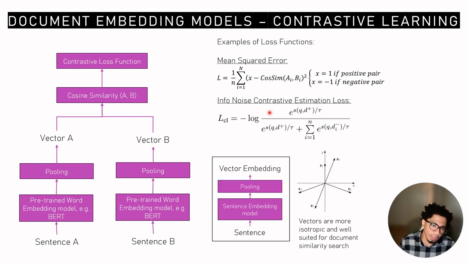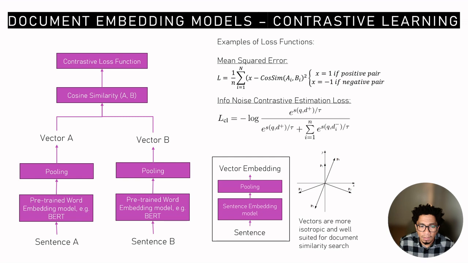And training the model, remember, it's the same model, the same set of parameters, so they share the same parameters. So you then just take that block where you can input a sentence, and that pre-trained word embedding is then, because the parameters are updated, now an embedding model that goes through a pooling function that outputs a vector embedding that is now trained to represent the meaning of the sentence.